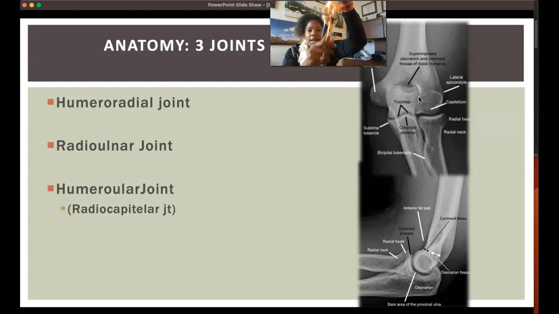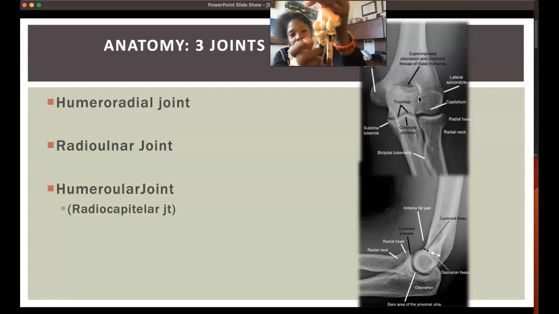But when we look at the third joint, which we haven't talked a whole bunch about, the radial ulnar joint, we have to think about what that means. So it's the relationship or articulation between the most medial portion of the radial head and the ulnar notch of the ulna.